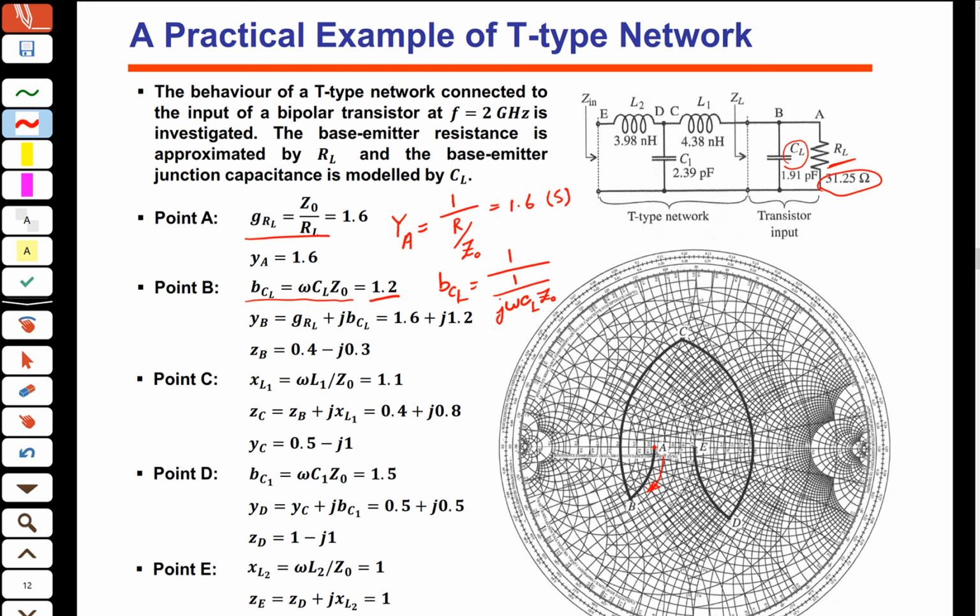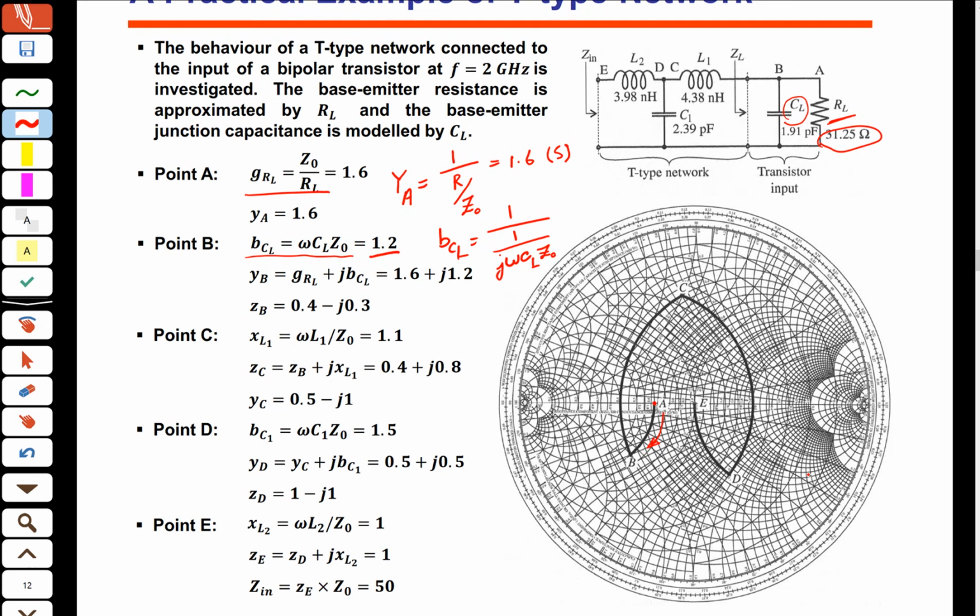The value for 1.2 is mentioned on this graph, here is 1.2. So this is the 1.2 circle. Okay, and then we have to move to the intersection of these two, which is here. So this is point B.